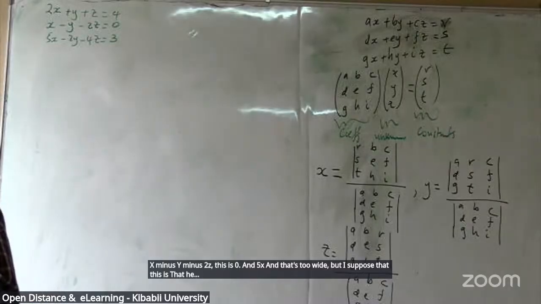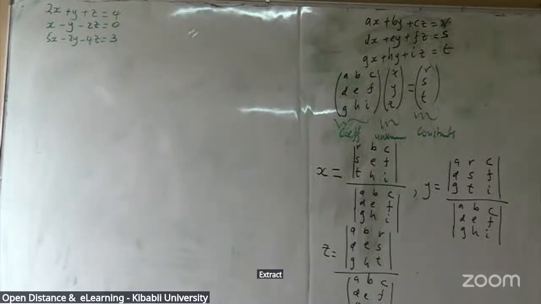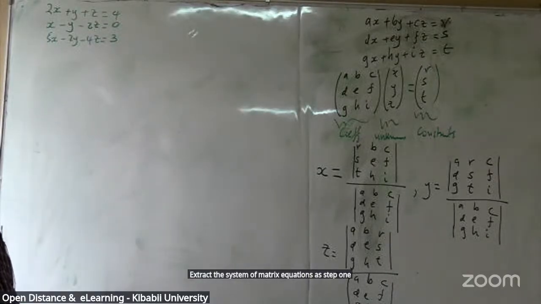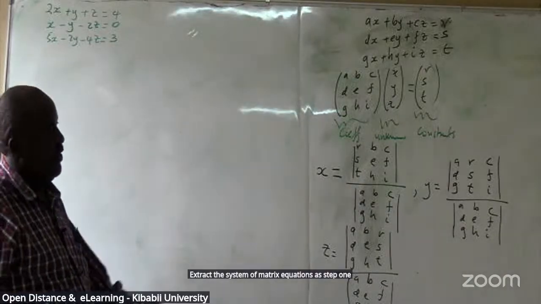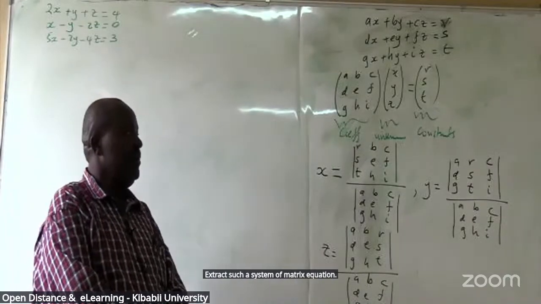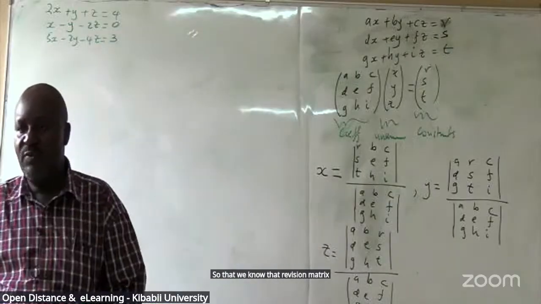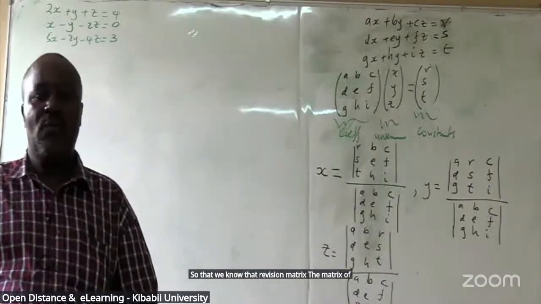Extract the system of matrix equation as step 1, so that we know the coefficient matrix, the matrix of unknowns, and the matrix of constants.